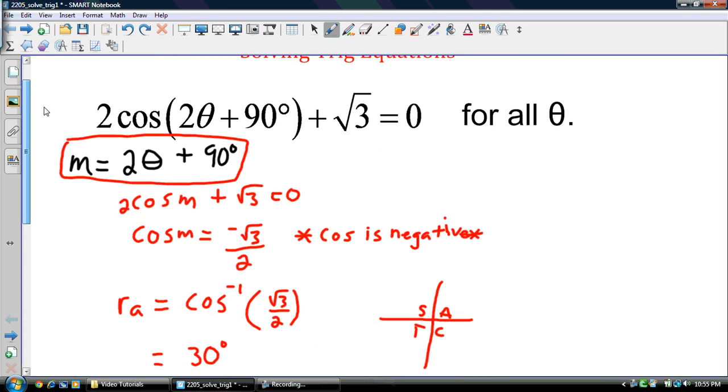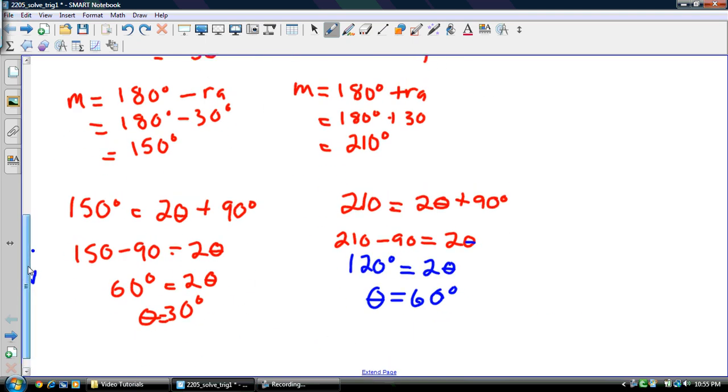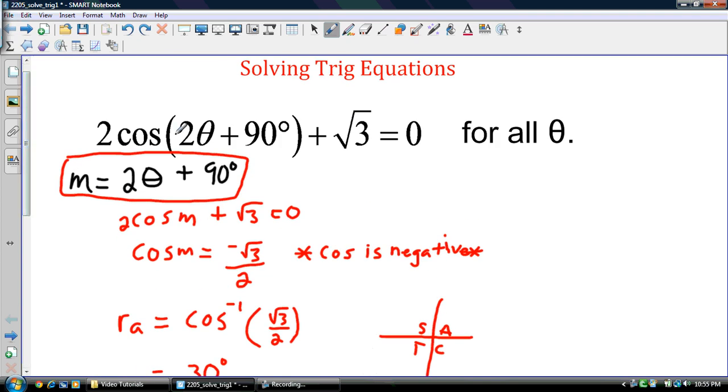So again, you get yours for all theta. What we have to recognize is because we have this 2 here in front, we have a different period. This is going to affect the period. Okay, and so we recognize that my HS in this case, my horizontal stretch, which affects the period, is 1/2.